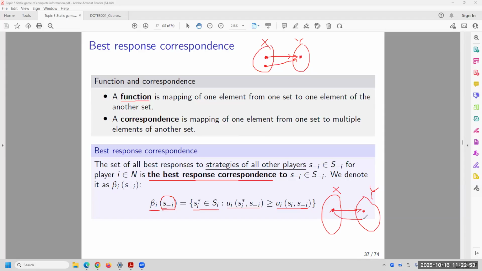This is a correspondence. Of course, a correspondence simply means a set-valued function, where you map to a set. It really depends on how we define things, but usually we define this as a correspondence, which allows you to map to more than one element. In math they call it a correspondence, but it's a set-valued function.